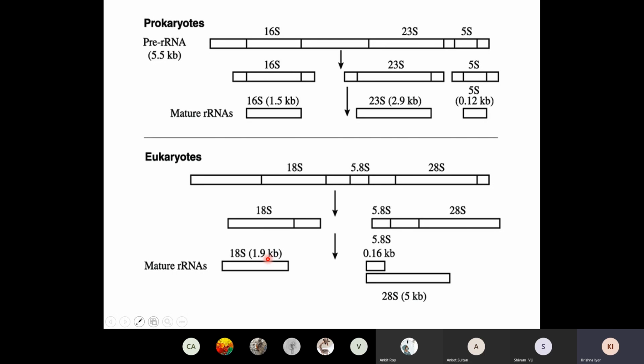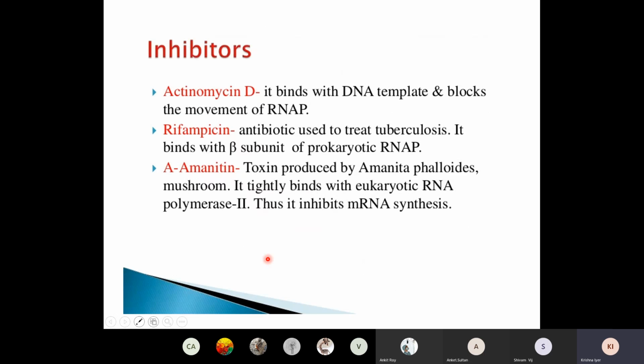Now, we refer to some drugs which affect the process of transcription. We talked about amanitin last time, but there are two other drugs which are also inhibitors of the formation of RNA by inhibition of RNA polymerase: actinomycin and rifampicin.